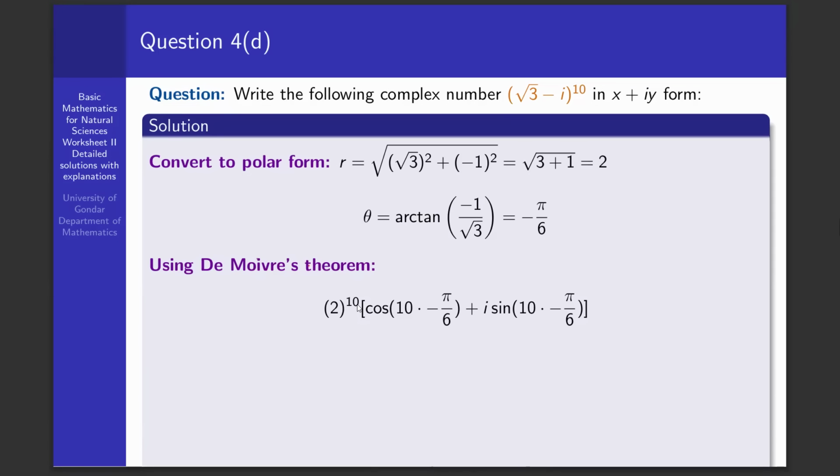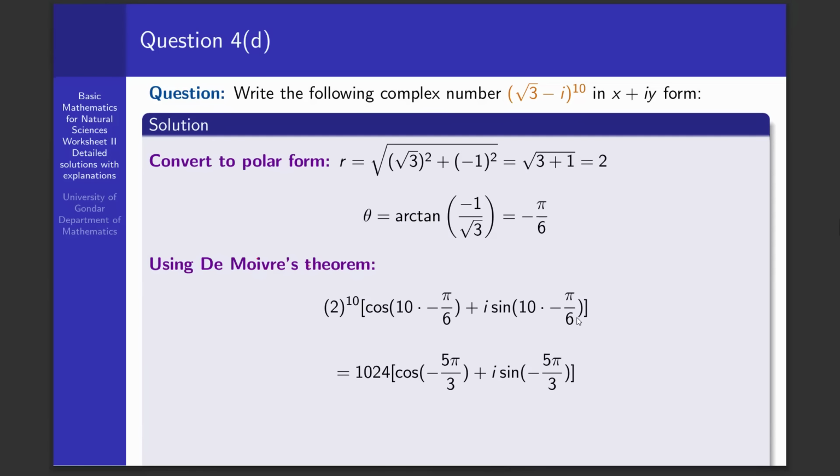We have the power of 10, so r to the power of 10, that means cosine of 10, the exponent, multiplied by theta, plus i times sine of 10 multiplied by theta. When we further simplify, 2 to the power of 10 is 1024. Then cosine of the product of these two, that is negative 5 pi over 3, plus i times sine of negative 5 pi over 3.